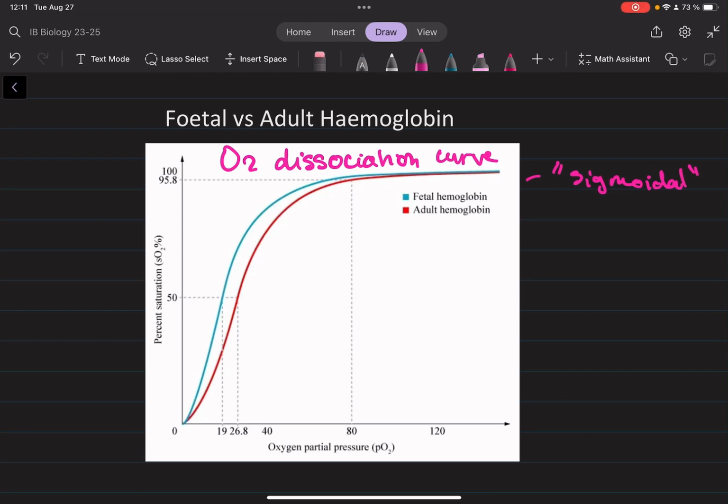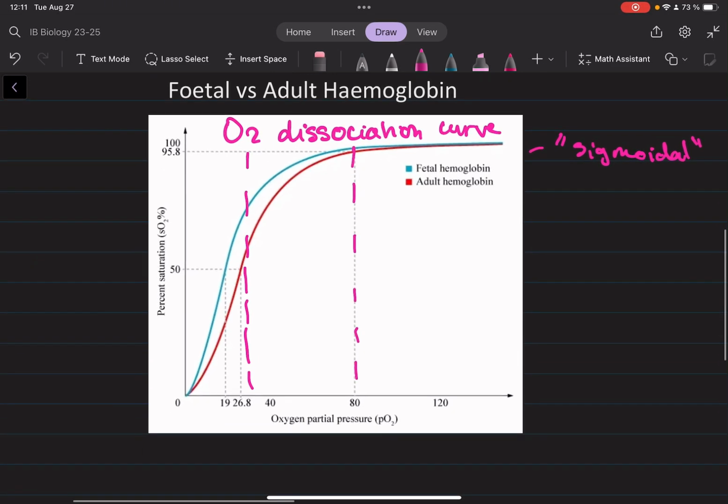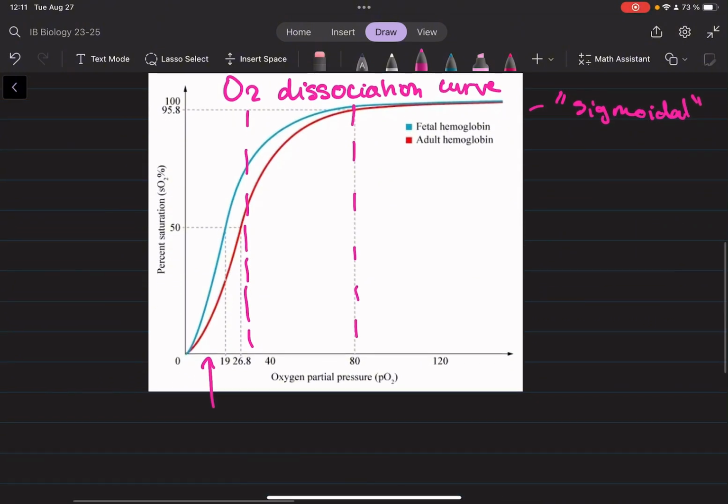What else we can tell from this graph is what areas the blood is possibly going to. So what I mean by that is, let's just cut this graph up into 3 different sections, and I'll use these lines as a guide. This area right here could be an area of exercise muscles.